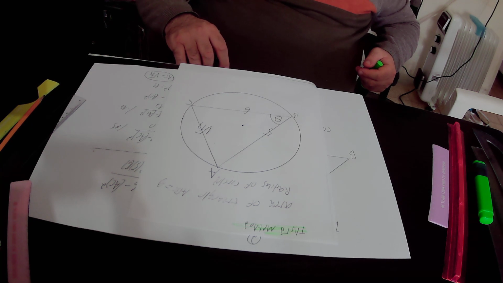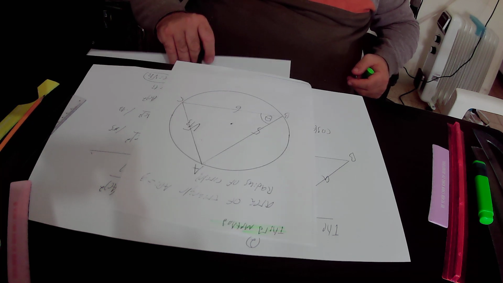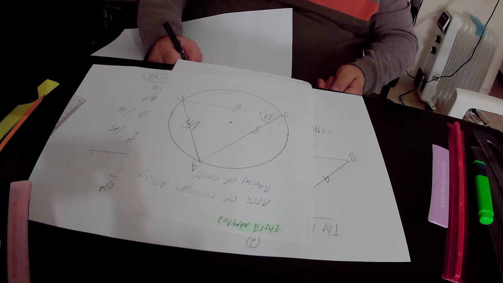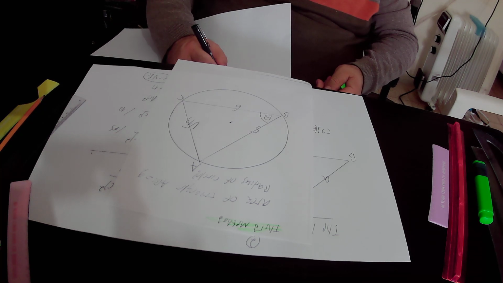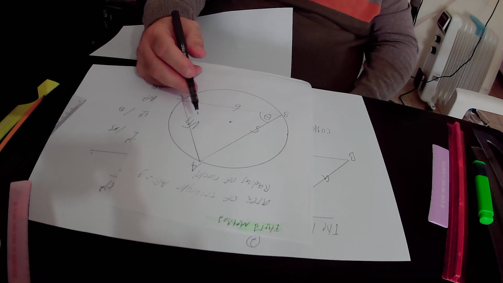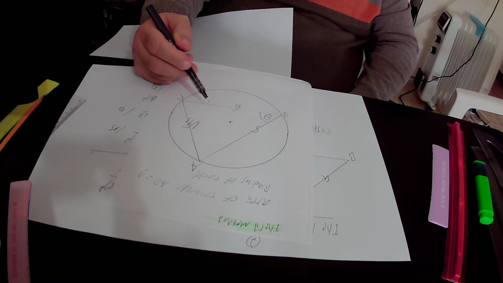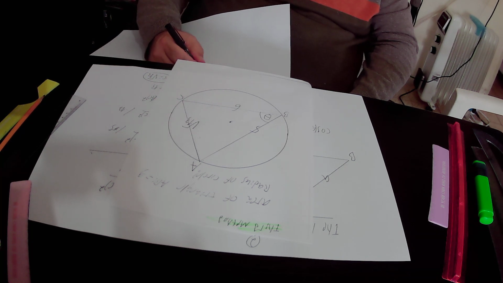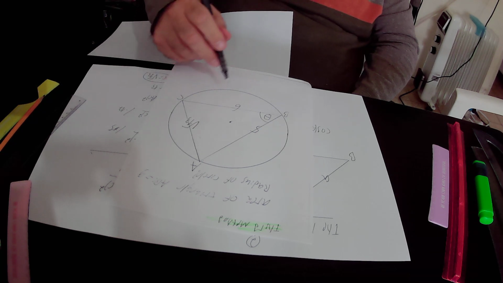Therefore, according to the following formula, the radius of this circle that circumscribes triangle ABC will be equal to the multiplication of all the sides of triangle ABC, AB times AC times BC, over 4 times the area of triangle ABC.